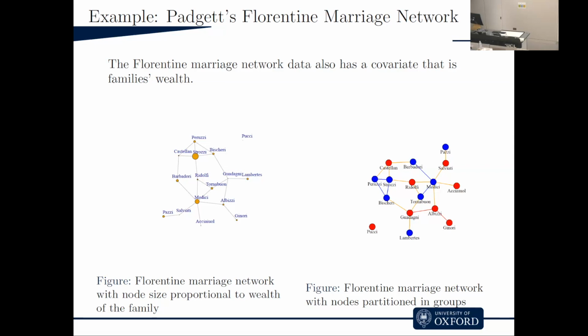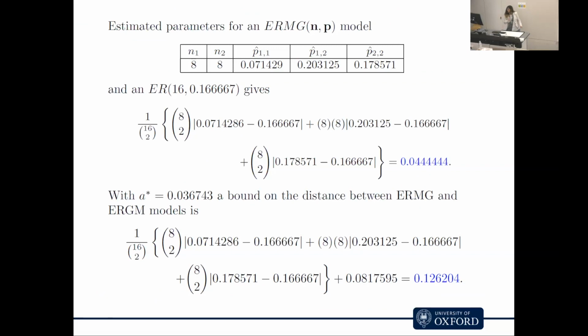Similarly, the red edges show edges within the red group, the blue edges show edges within the blue group, and the orange ones show the edges between the two different groups. When we calculated our bound for this network after partitioning it, this is what we got.